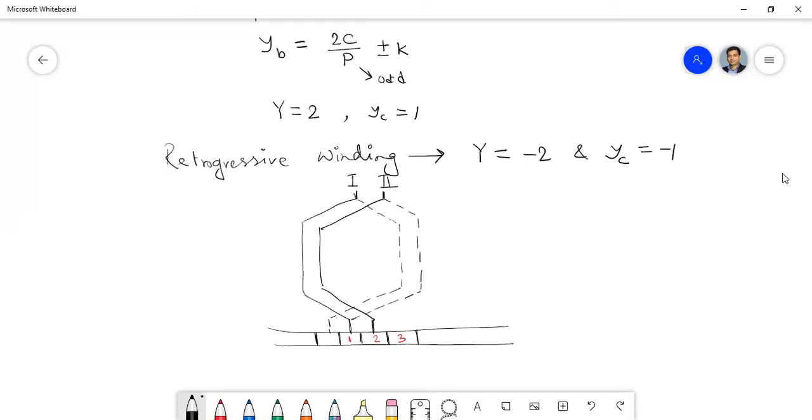Okay, so in this way these windings are wound.